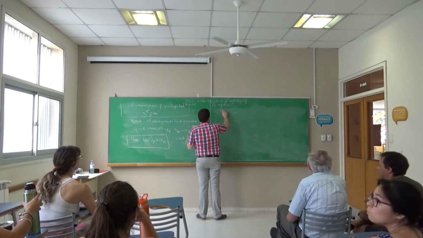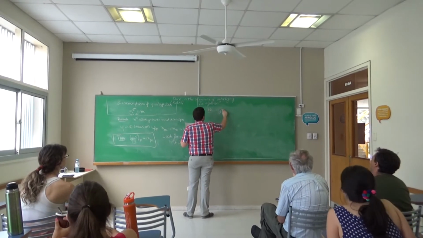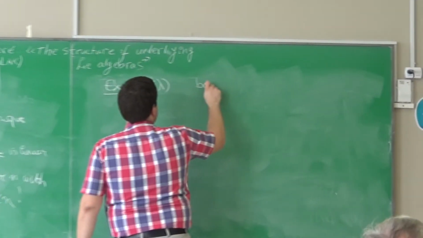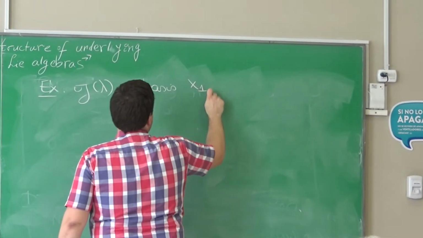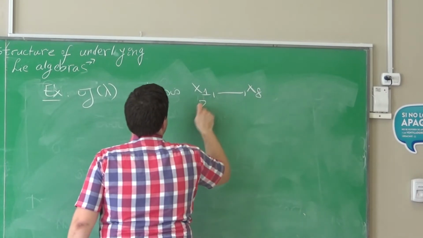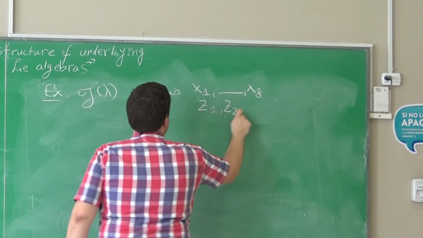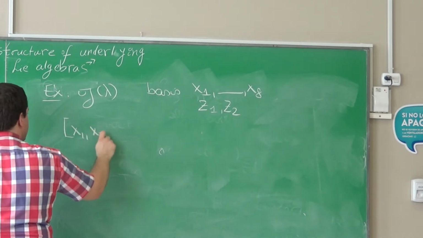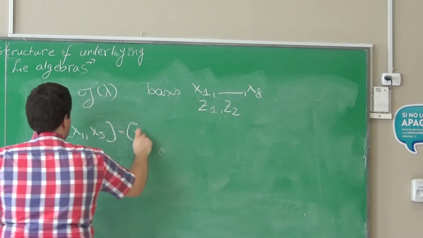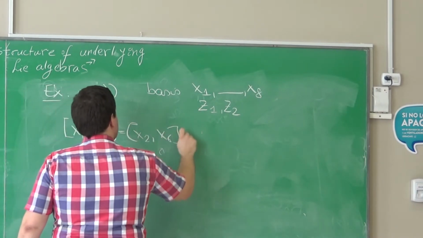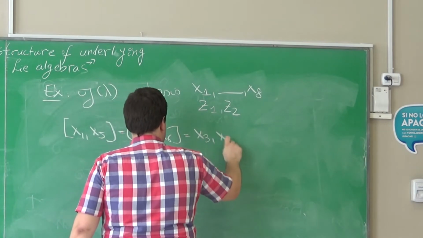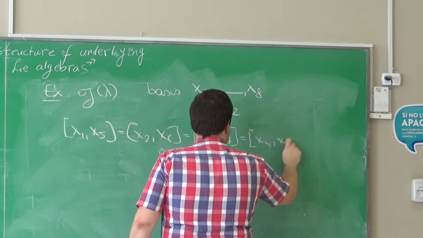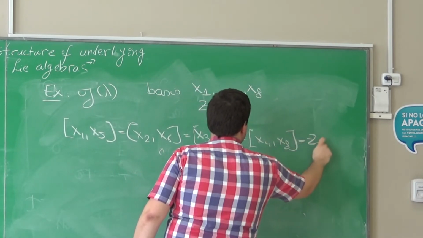Okay, so the example is the following. It depends on a parameter lambda, g lambda, and the basis is 10-dimensional. So you have a basis x1 till x8, and then z1, z2. And the Lie brackets, it's a long list, but it's not that hard what is going on. So x1, x5, x2, x6, x3, x7, and x4, x8 give you z1.